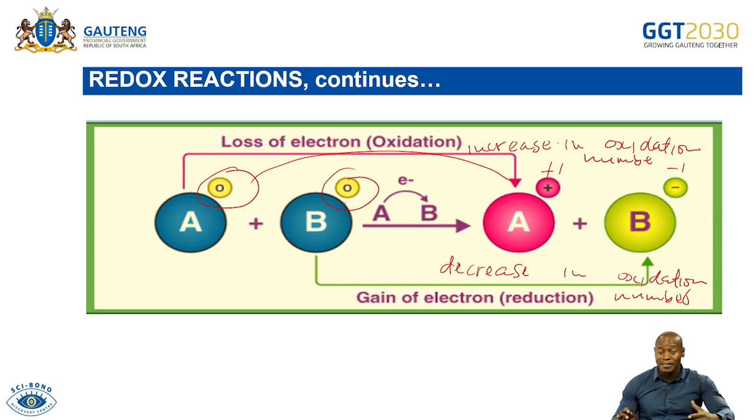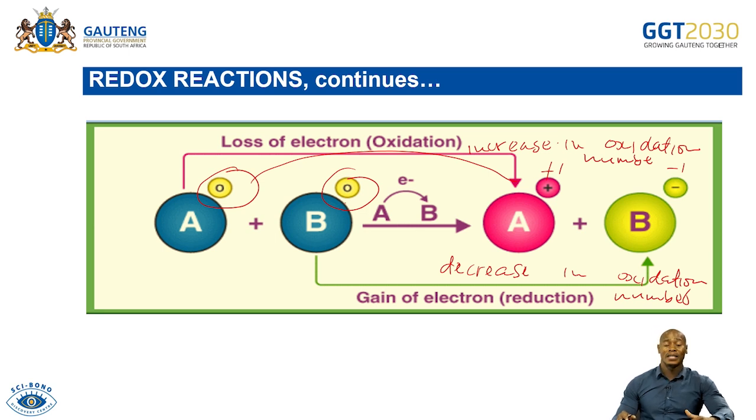So as long as the oxidation number changes, it means that electrons are being transferred from one substance to the next. So that reaction is going to be a reduction oxidation reaction, or a redox reaction. Okay, so in this reaction, we can talk about reduction. We can talk about oxidation. We can talk about the reducing agent.